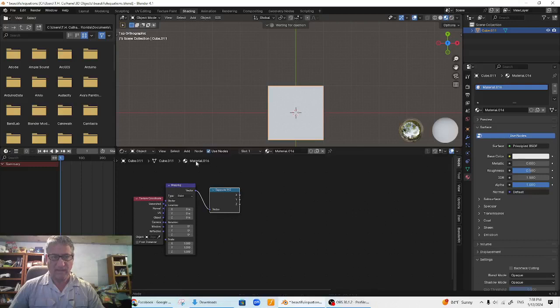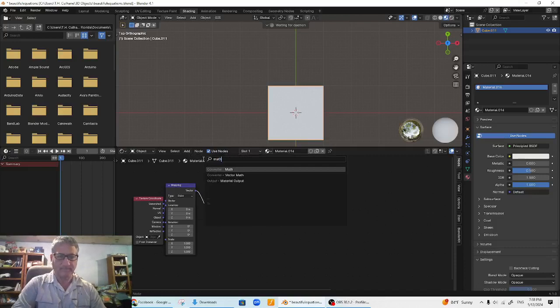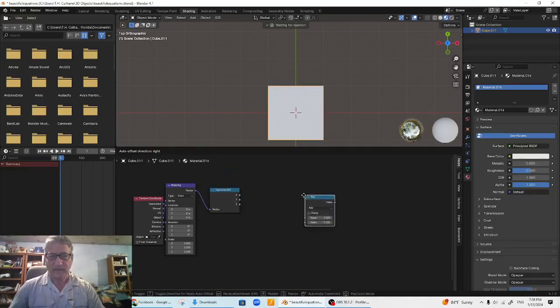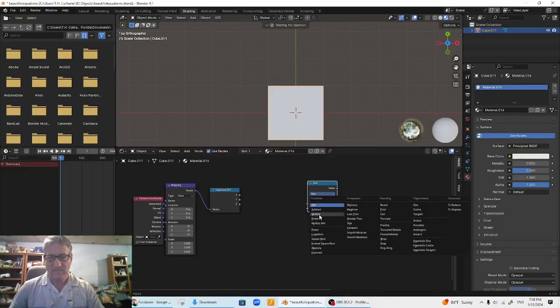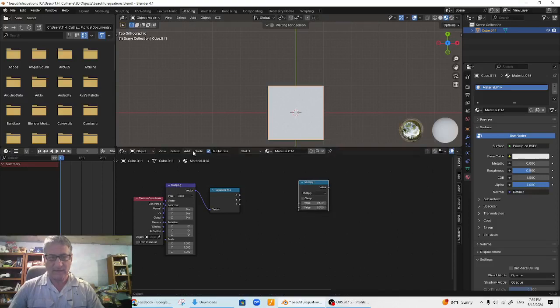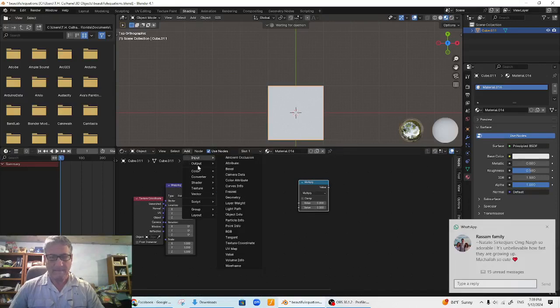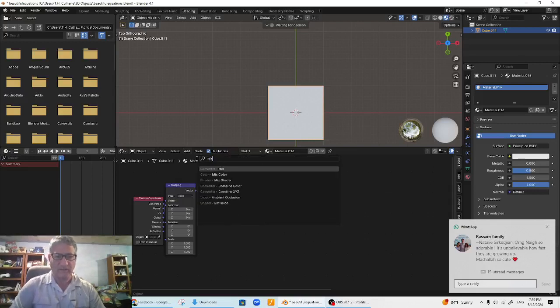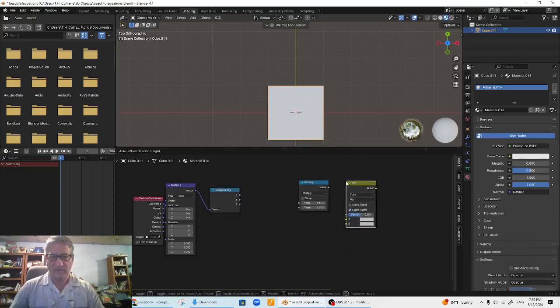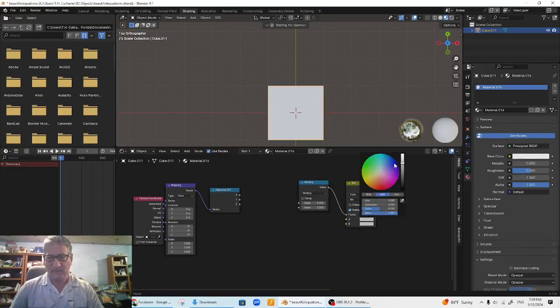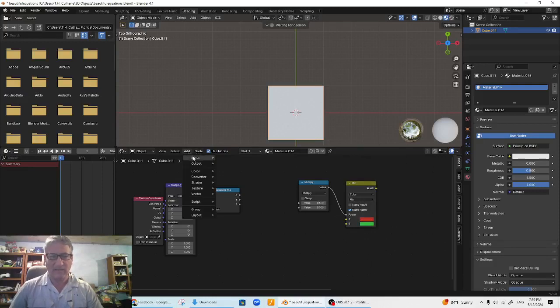I'm going to add in a math node and set that to multiply. I'm going to add in a mix color node, and connect the value to the factor. And then I'm going to pick two colors that I like, red and green. What else am I going to add here?